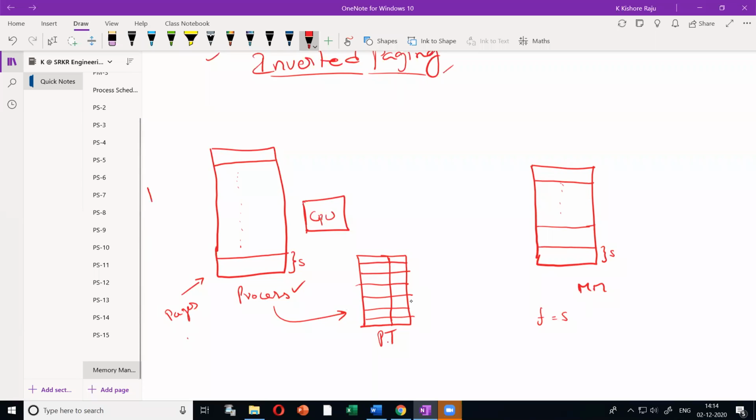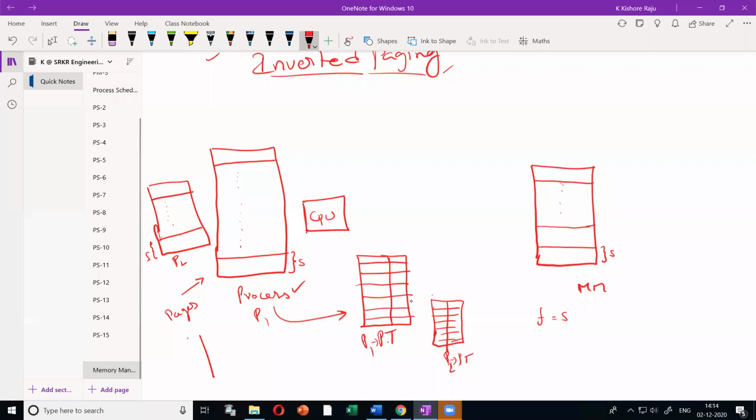If another process is there, it should also be divided into pages of the same size, and it should have its own page table. So if it is the P1 process, this is the P1 process page table, and this is the P2 process page table.